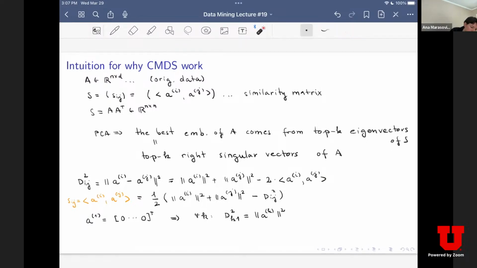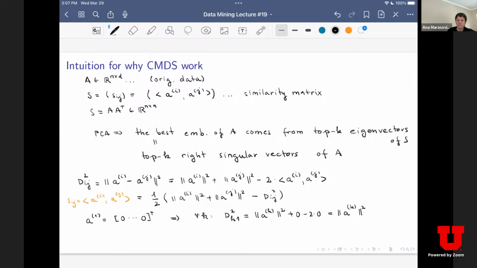Then our second point is the origin, and the norm of the 0 vector is going to be 0. So we have 0 here. And we know that the scalar product between any point and 0 is also going to be 0. So we have -2 times 0. So what remains is that the distance between a point and the origin is the same as the norm of this point.